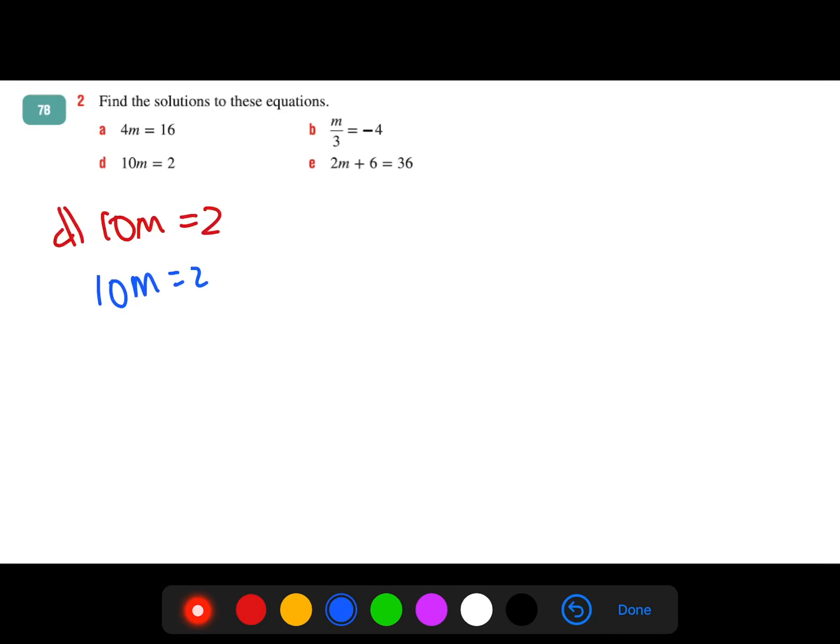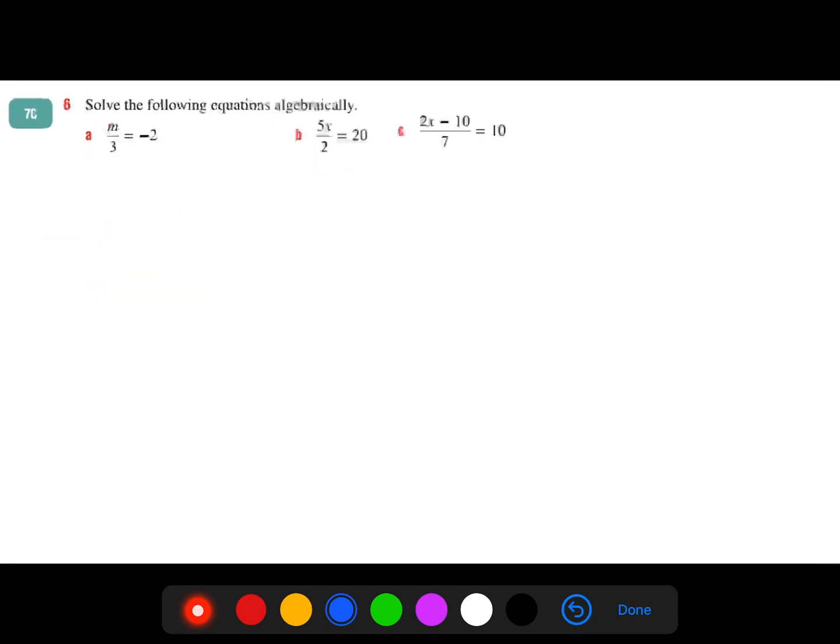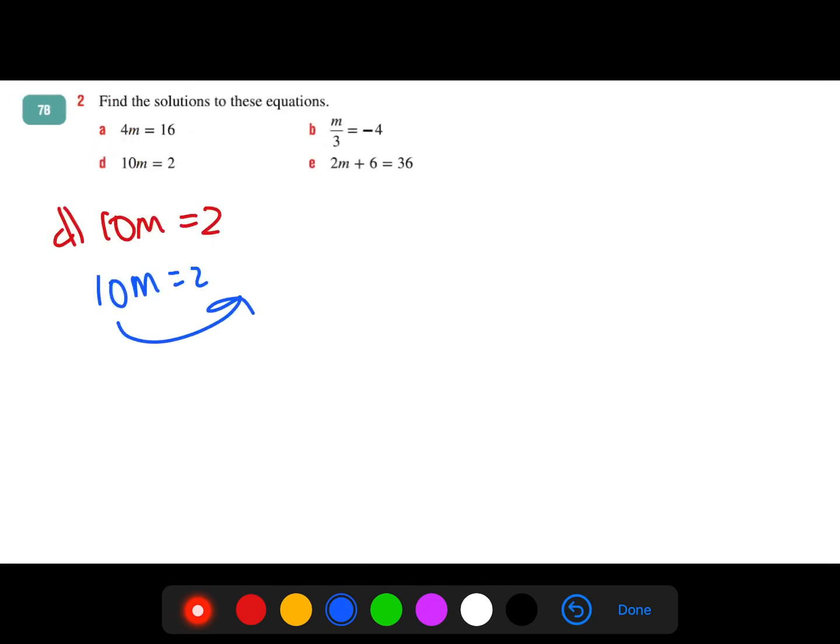That means I will need to move everything else from the left to the right-hand side. To do that, I'm going to move the 10 across. So I'll do 10m over 10 is equal to 2 over 10, like this. Then the 10's will cancel out, and I'll be left with m is equal to 2 on 10. I can simplify that even further, so it can be 1 over 5.